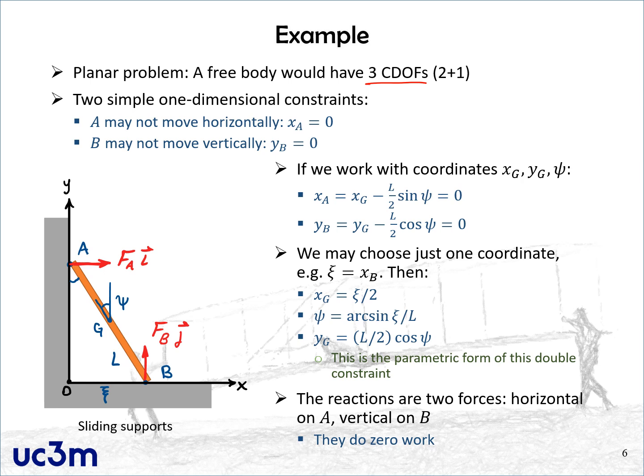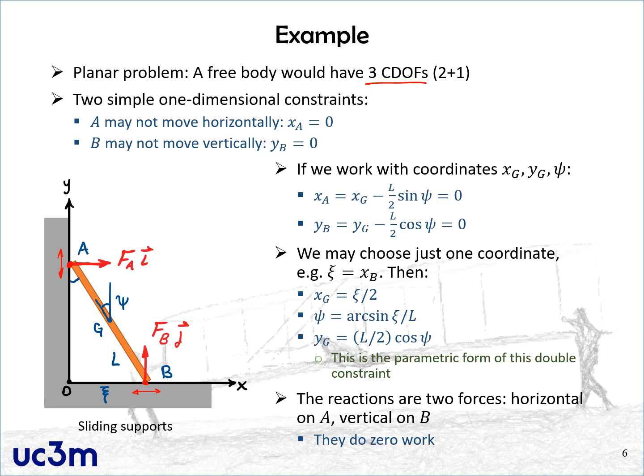So of course that would be the case if we had a free body that can move in this planar way. When we consider the constraint, we actually have two simple one-dimensional constraints in this example, because we have that this point A, which is supported against the wall, can only move up and down. So we are restricting the motion left and right. And similarly for the point B on the floor, this can only move left and right, and it cannot move up and down.